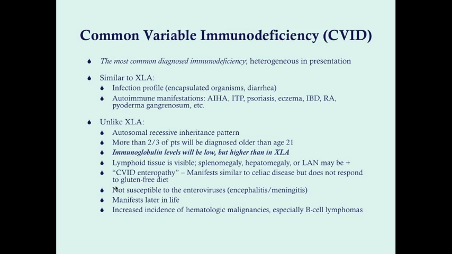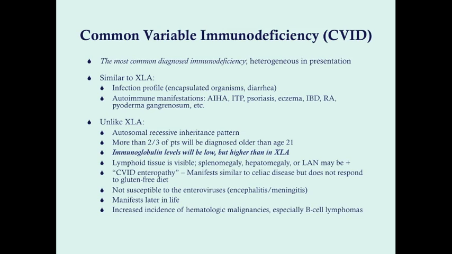There's also something called a CVID enteropathy, which is very similar in appearance to celiac disease, where you get really bad stomach aches and diarrhea, and it can be bad enough to where they start to lose weight. But if you start them on a gluten-free diet, they're not going to get better.